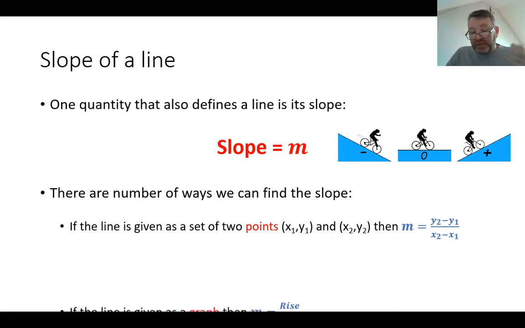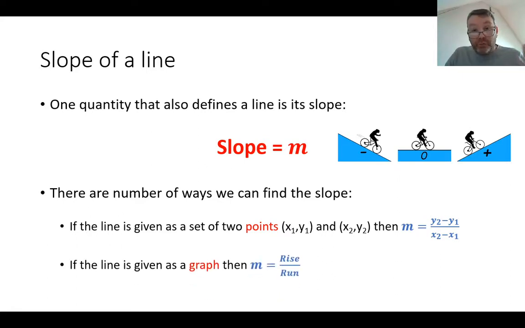However, if the line is given as a raw graph, so you've got your xy plane and a line is thrown on it, the easiest way to get the slope is to look at the rise over the run. So say, for example, I give you a line like this, and I'm asking you, what's the equation of that line? What's the slope of that line?